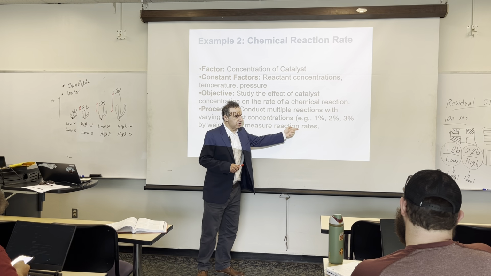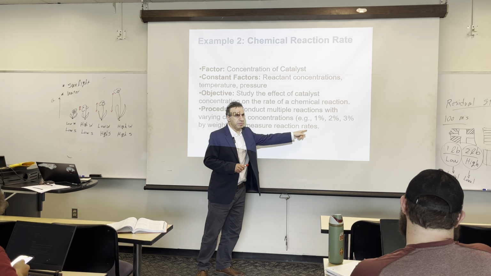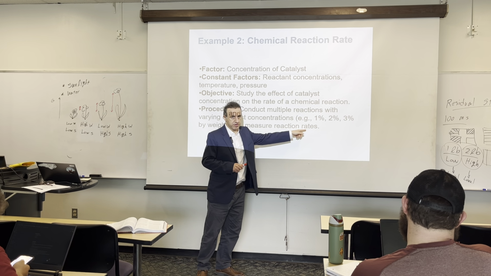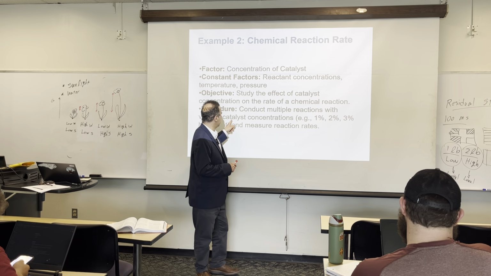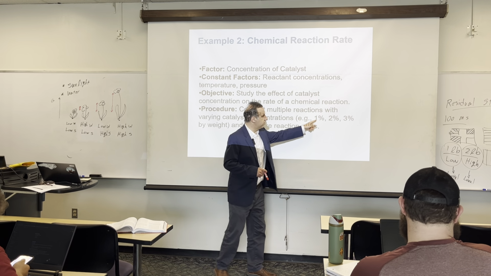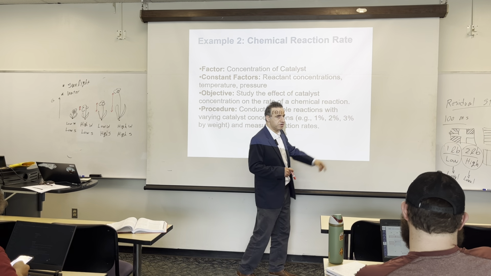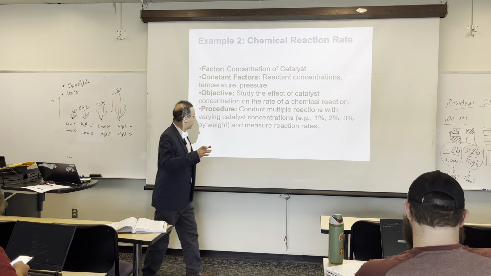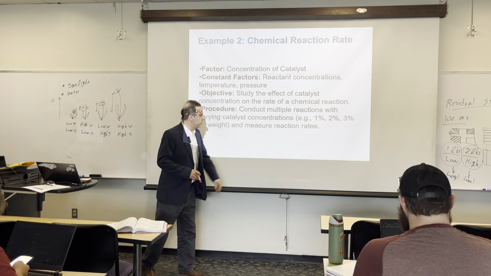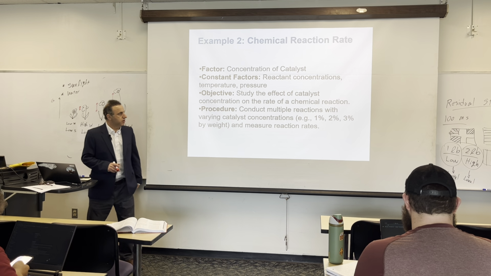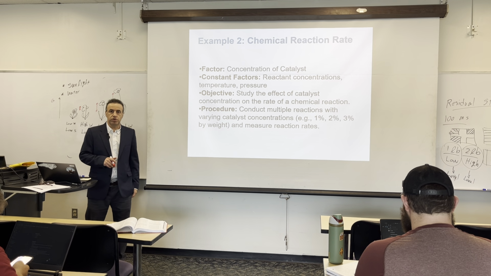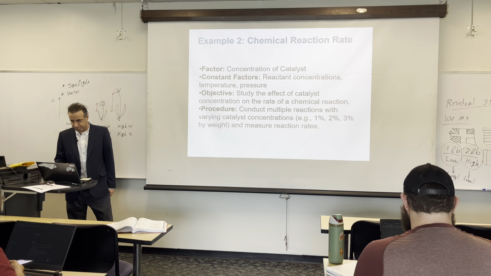So this one, rate, will be our response. This is the concentration. These are the factors that we want to change: 1%, 2%, 3%, and then by running the experiment, we will see whether the reaction was slower or faster.